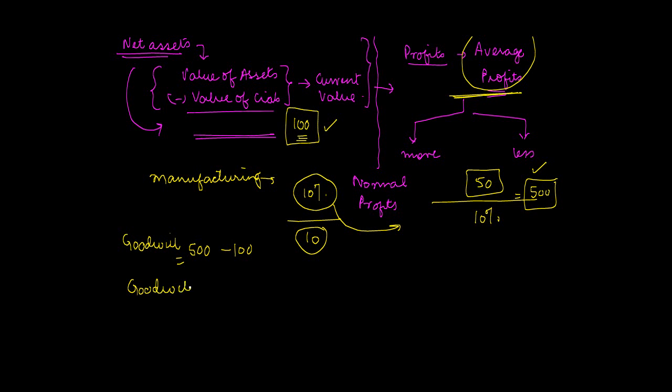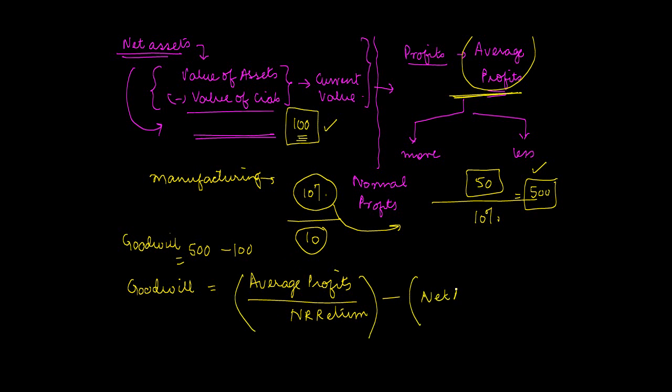Mathematically, what is the value of the goodwill? I capitalize my average profits. How do I capitalize them? I take the average profits and divide them by the normal rate of return, right? Once I've got this capitalized value, I compare this with the asset actually employed in the business, right? And the difference between the two is goodwill.